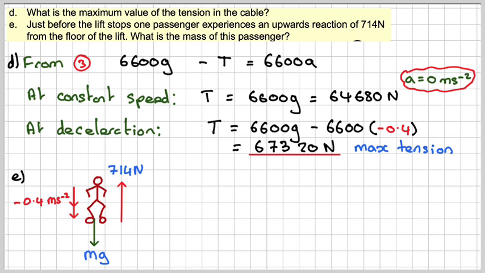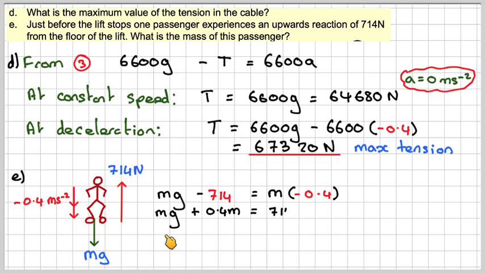So setting up an equation of motion for this, downwards is positive. We've got mg − 714 = m × (−0.4). So that will give me mg plus, because when multiplied that will be negative, take it to the other side, it will become positive.